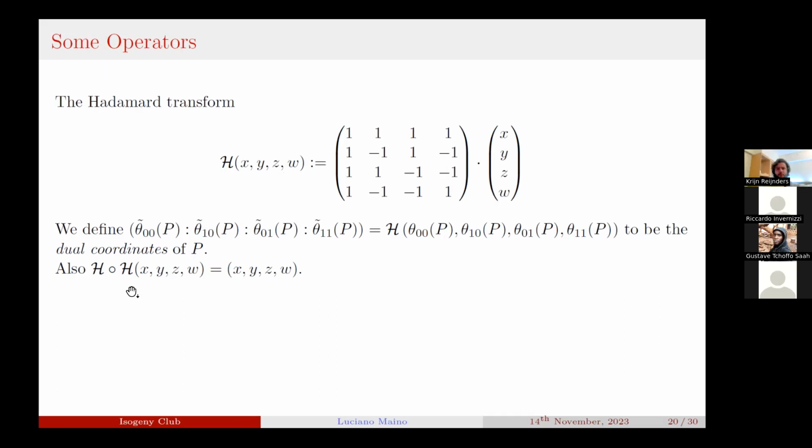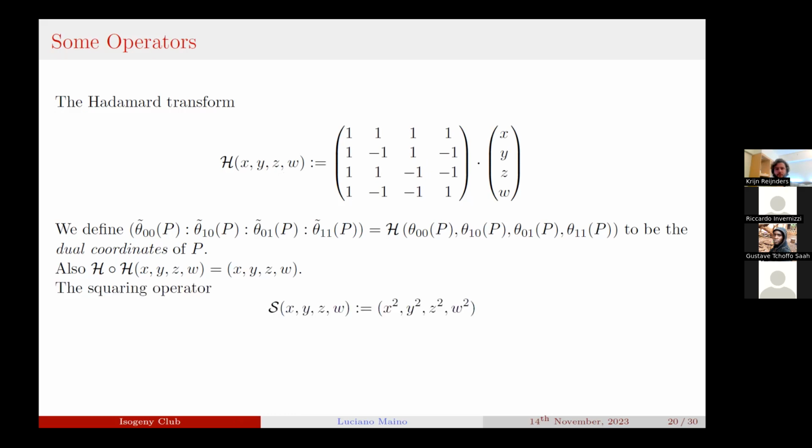Another property of this Hadamard transform is that if you apply the Hadamard transform 2 times, then in the projective space you obtain the same point, which basically means that the dual of the dual is the point itself. That makes sense. So this is the first operator we need to remember, which is just this matrix multiplication.